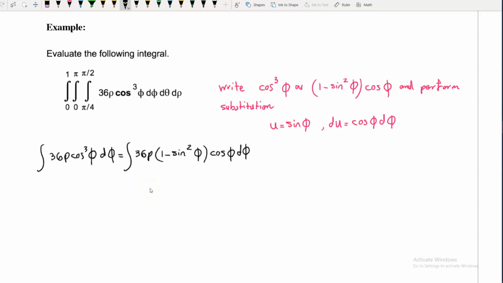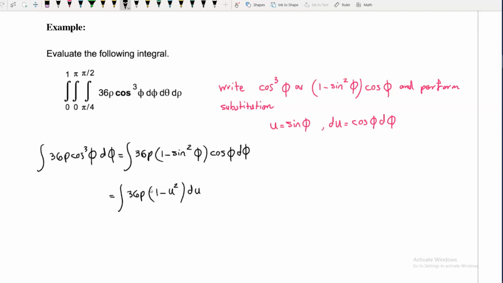Then integrate. So here we have the integral of 36 rho cosine cubed phi d phi. It is equal to the integral of 36 rho of 1 minus sine squared phi times cosine phi d phi. And this is equal to the integral of 36 rho times 1 minus u squared du.